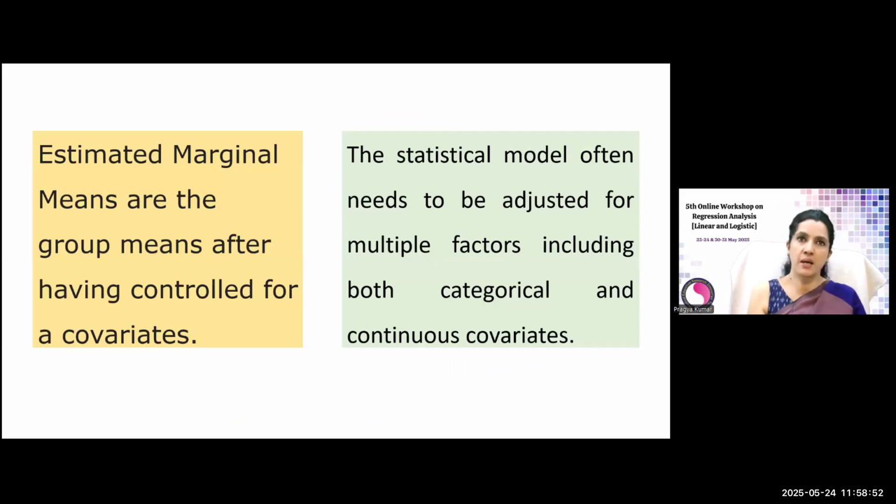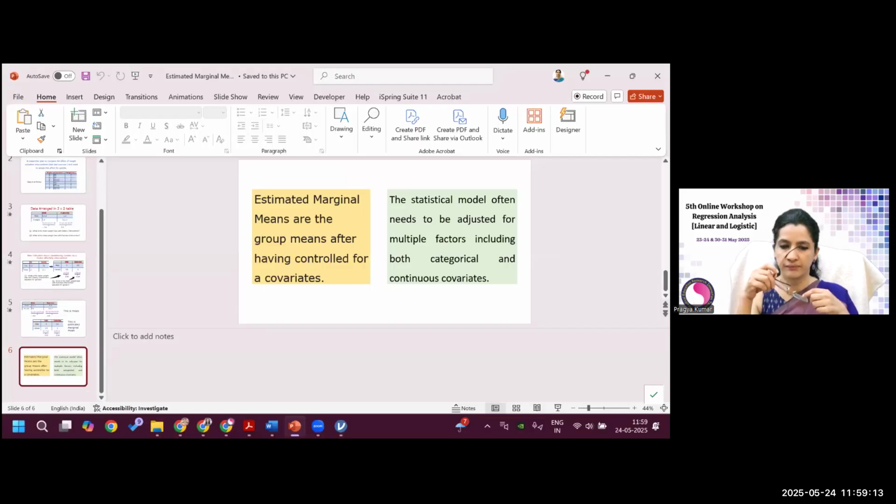Estimated marginal means are the group means after controlling for a covariate. In a statistical model, whether you are doing ANOVA or you are predicting something, and you have to give the value of estimated marginal mean, then you may report it. And that option is there in the software. So now we'll see.